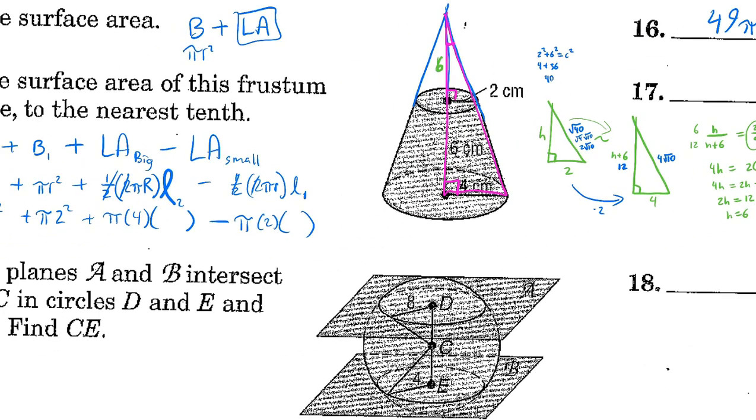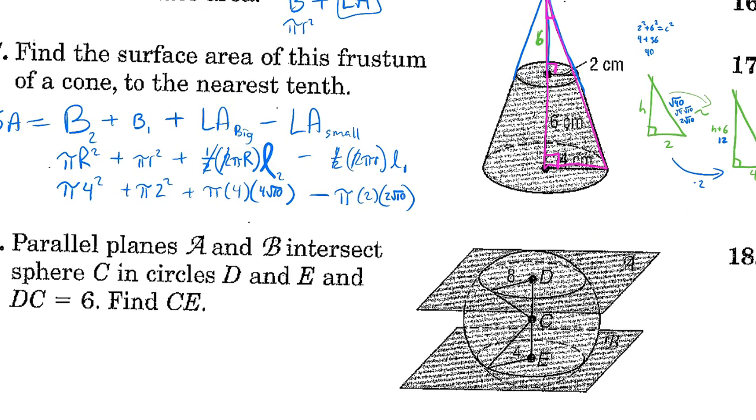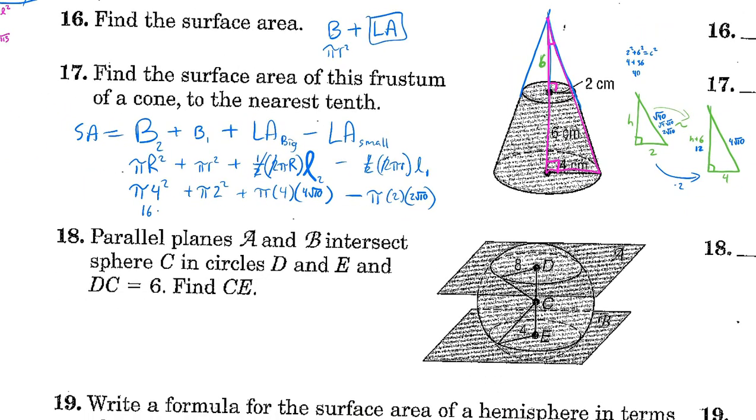Okay, let's go back to our problem. So here we go. The bigger one was 4 root 10, and the smaller one was 2 root 10. All right, so there we go. We got 16 pi plus 4 pi plus, and this is 16 pi root 10 minus, and this is 4 pi root 10.